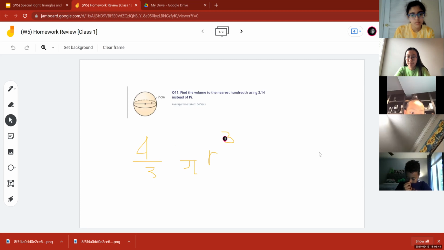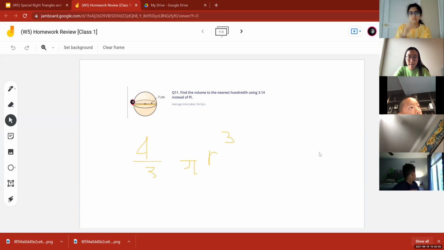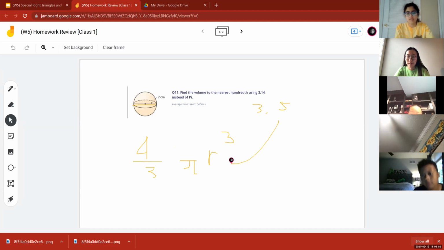And we see here that 7 centimeters, I think that should be the diameter of the sphere. So then the radius would be 3.5. Then you plug that in for r and solve the equation. And you should use 3.14 as pi, like it states right there.